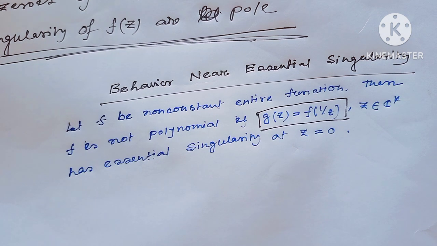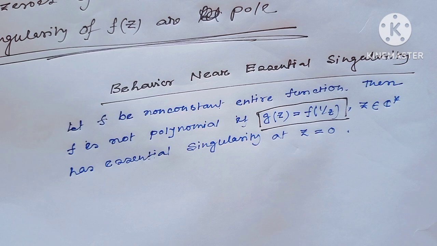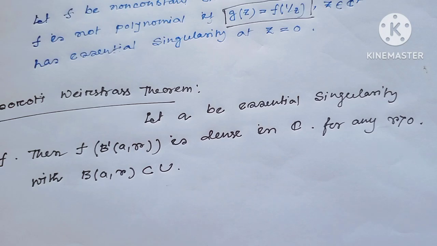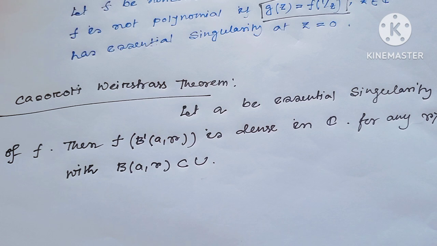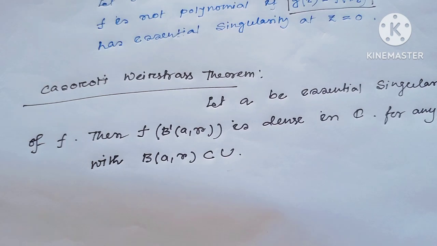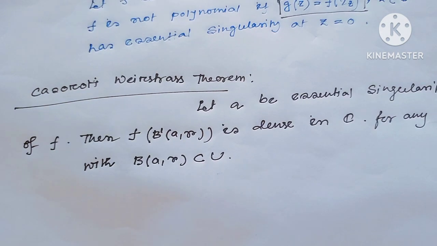Another behavior of an essential singularity is the Casorati-Weierstrass theorem, a very interesting theorem. Let a be an essential singularity of the function f. That means at the point a, the function has an essential singularity. Then f of B'(a, r) is dense in the whole complex plane for any r greater than 0.